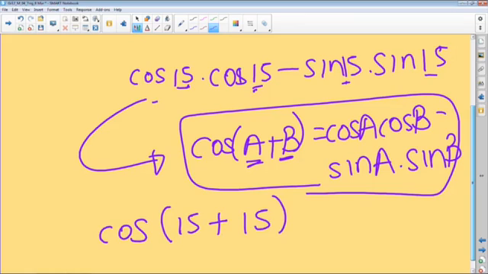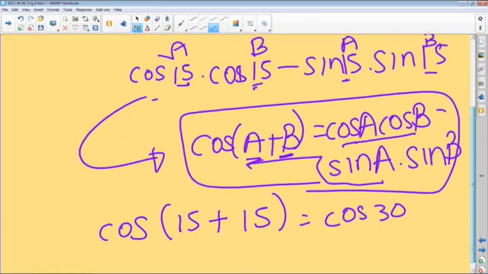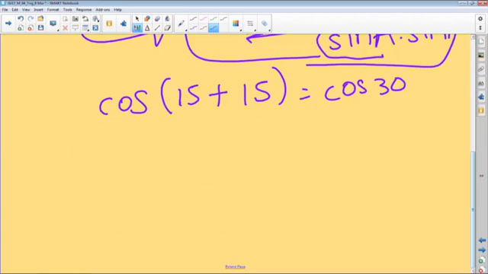The reason I can do that is just using my expansion from my formula. I've got cos A cos B minus sine A sine B. So this is like my A, and that's my angle B. I can rewrite this as cos 15 plus 15, which is then cos of 30 degrees. And cos 30 is equal to root 3 over 2.